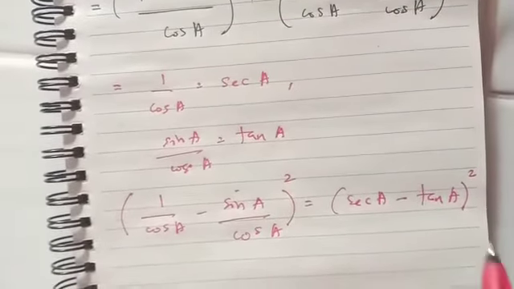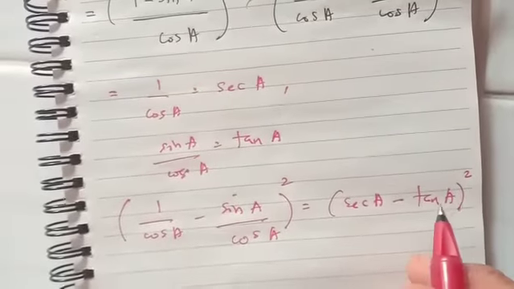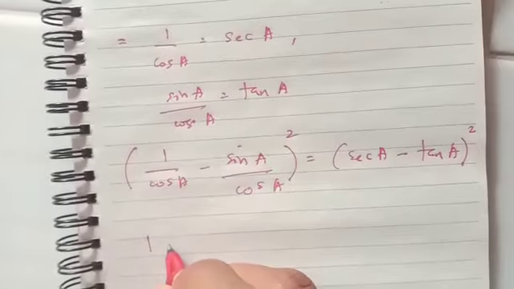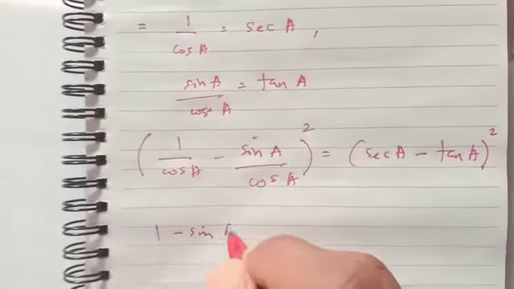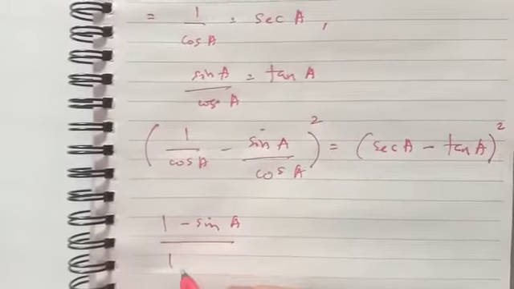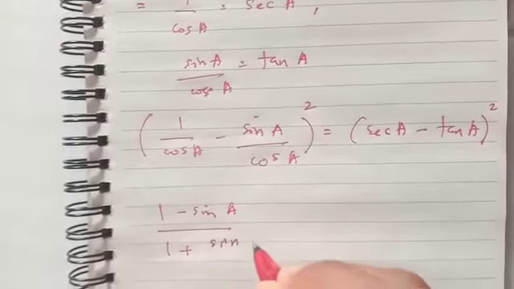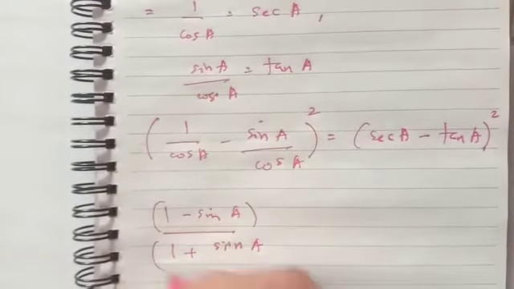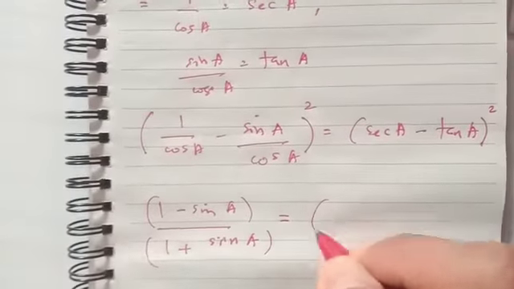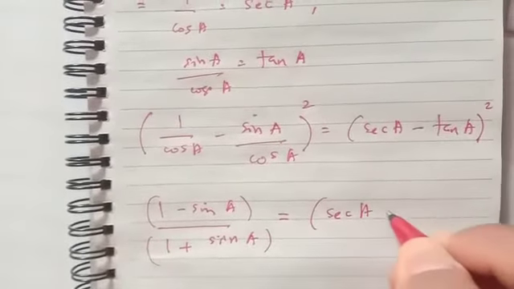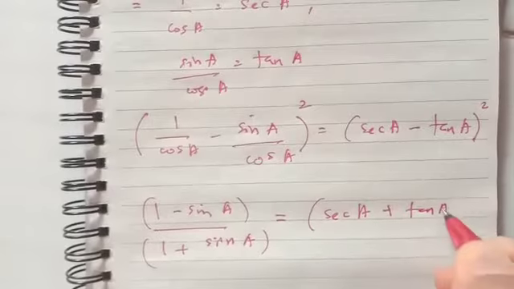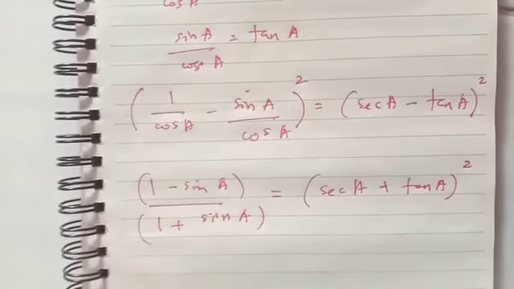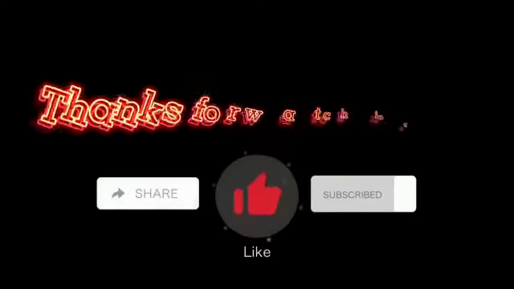So you have already proved that 1 minus sine A over 1 plus sine A is actually secant A minus tangent A, squared. So that's all for today. Thank you.